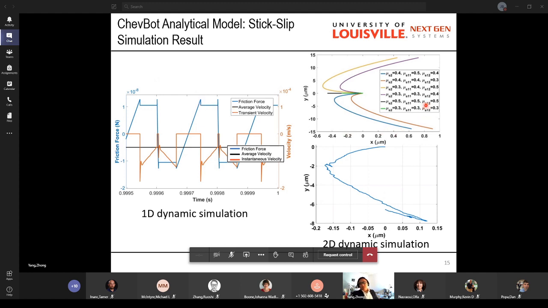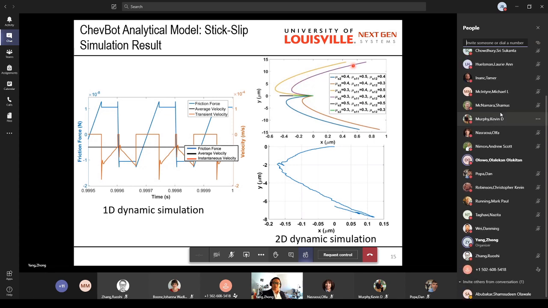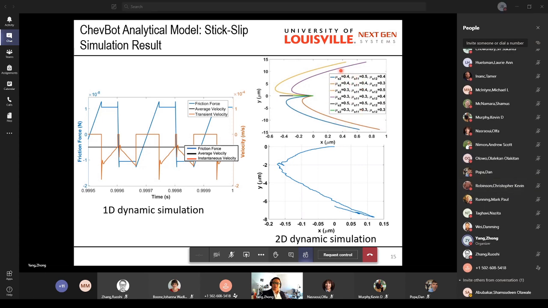I also simulated the 2D dynamic scenario. As I mentioned, for the shellbot, the frame and these two legs have different friction forces. So if we change the friction constants, then we can simulate how this robot moves and makes a turn. Here we just make different friction constants.